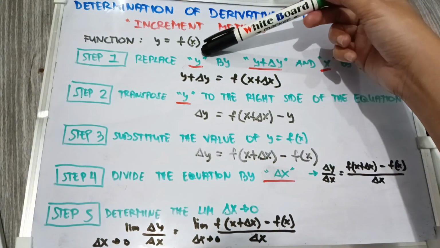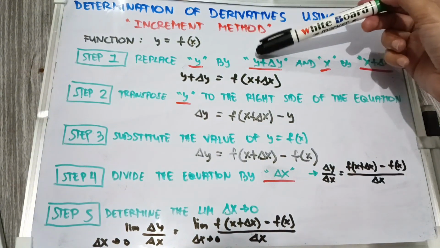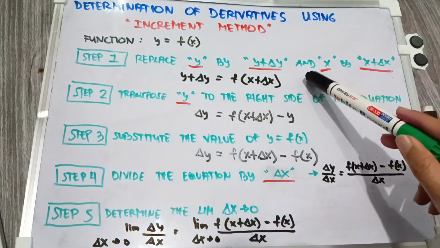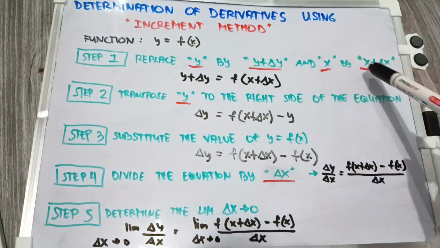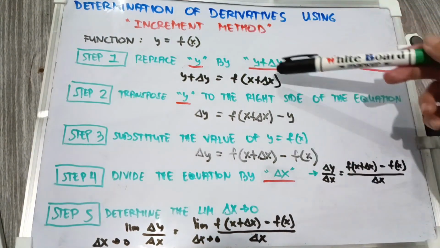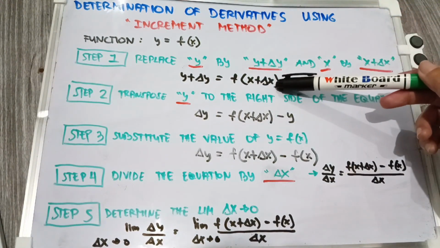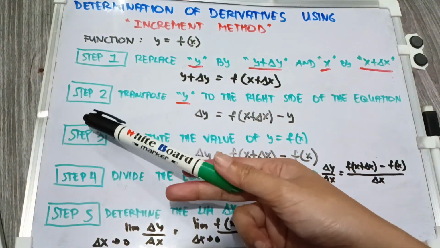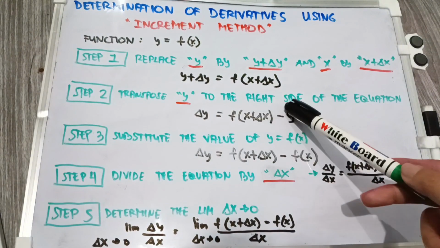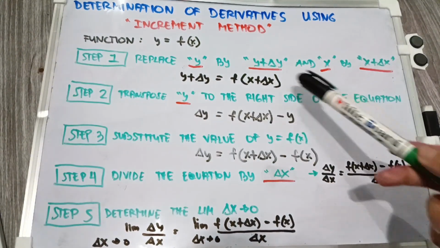Let's replace y by y plus delta y, you can see. And this x by x plus delta x. That's why it became like this. So in step 2, transpose y to the right side of the equation.